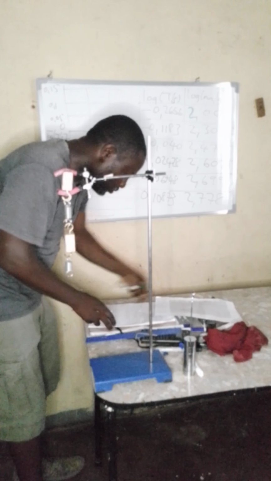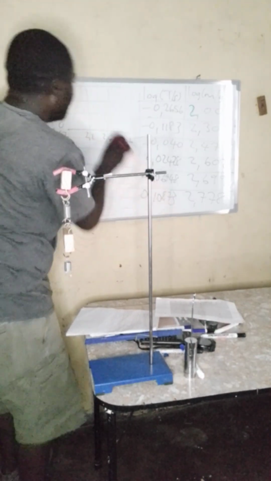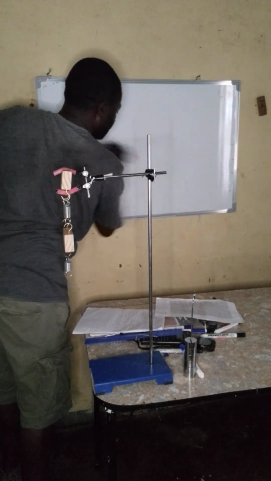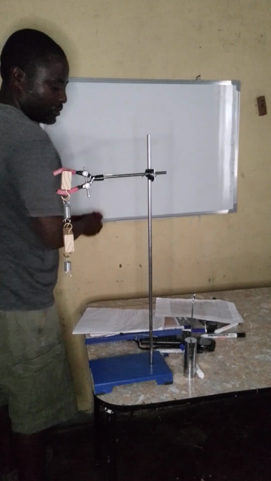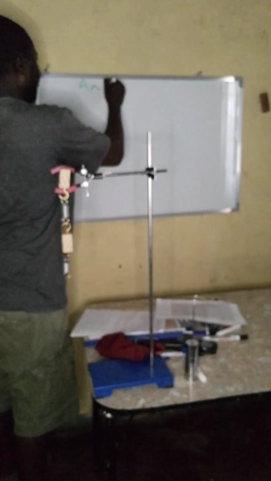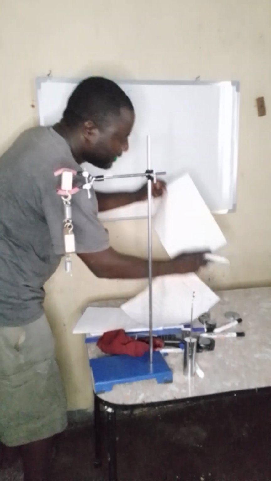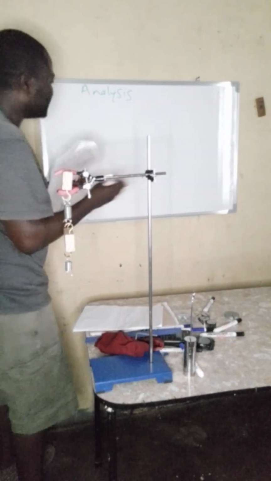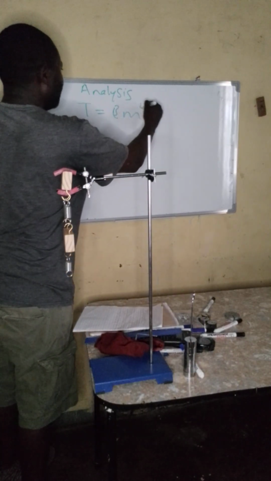So let's consider the analysis. In the questions under analysis, we have been asked two questions. We have been told that according to theory, T equals beta M to the power alpha.